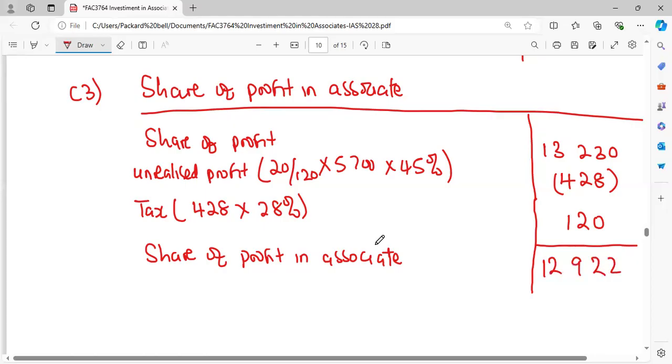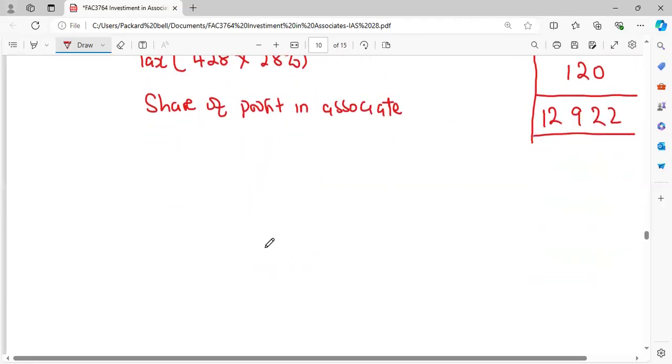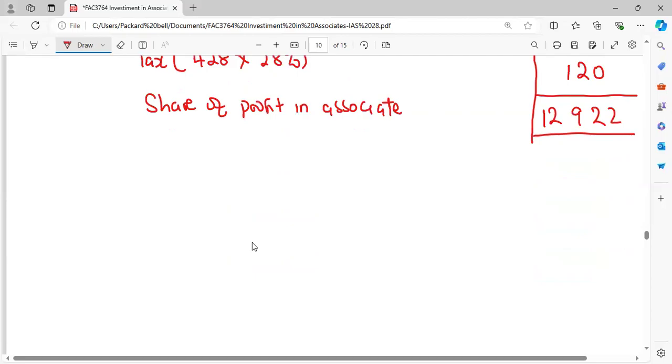So this is our share of profit. You'll be done with your calculation for everything. So the next thing that you need now is to do the profit and loss for the Stereo Limited group. So you need to do now the profit and loss, statement of profit or loss.